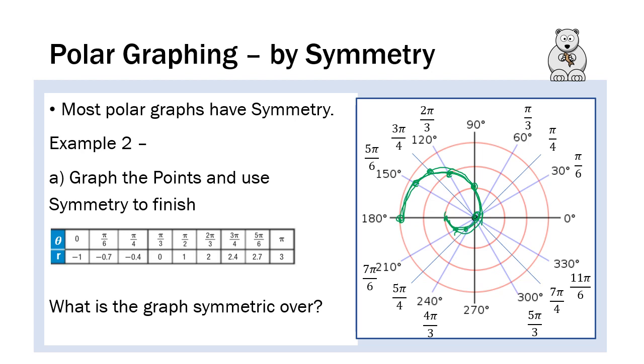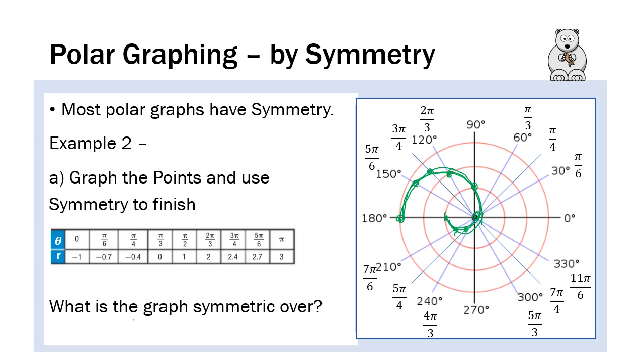So I'm going to see if this is symmetric. Everything is on one side so far, and I am going to plug in the symmetry and see if this is a symmetric graph. And so I'm going to use purple this time.